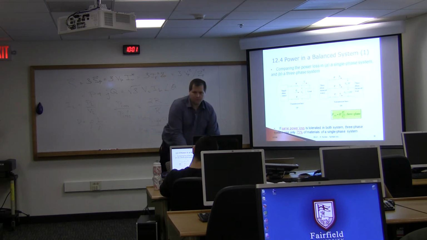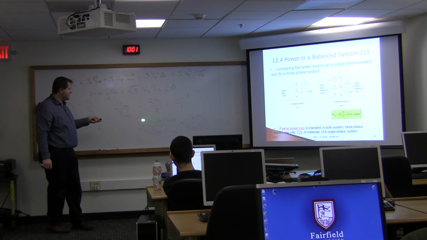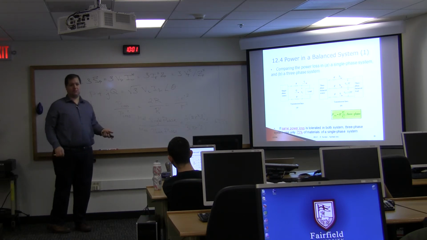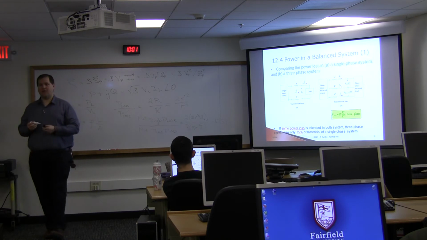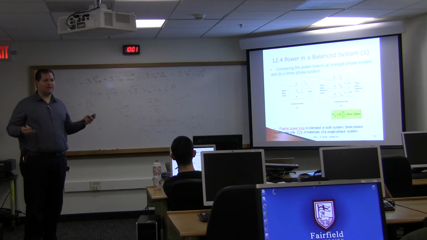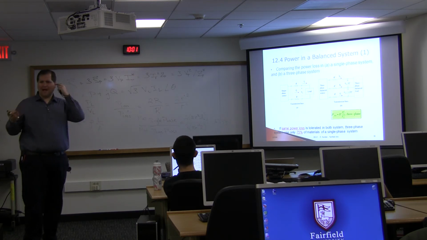What does that mean? It means that the material in the single phase is 1.33 times more than the material in the three-phase system. It seems a little bit counterintuitive, right? I'm running 3 wires instead of 2 wires, and yet I'm using less material. Why is that happening?